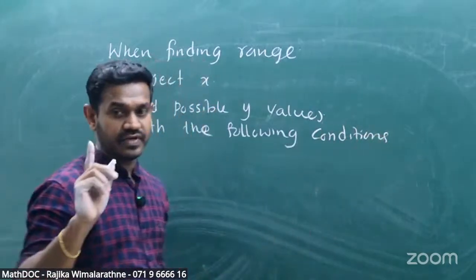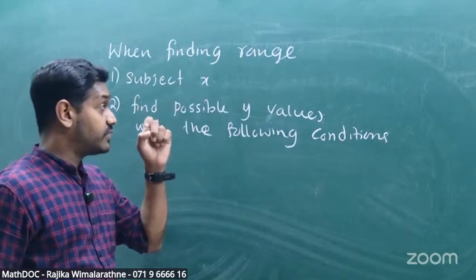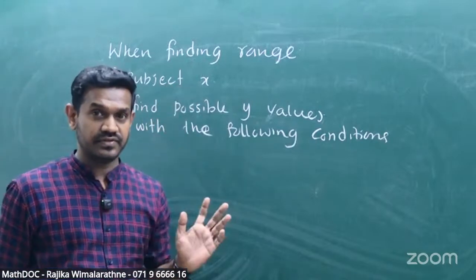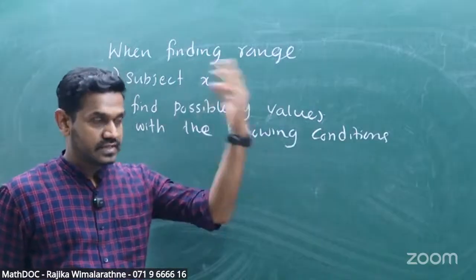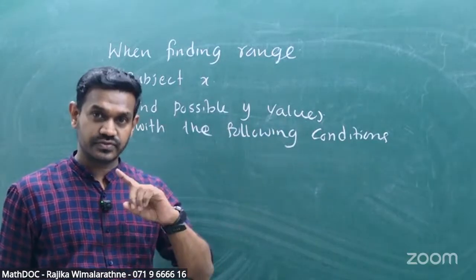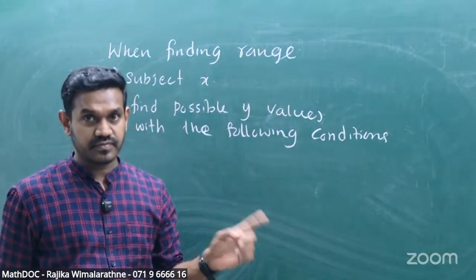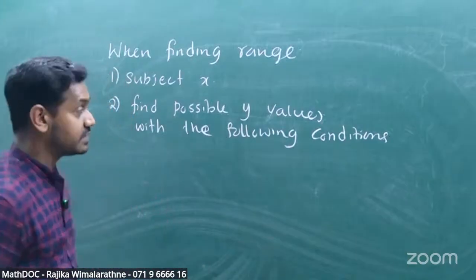First, you make x the subject. Then you consider possible values. We have three conditions, the same conditions we discussed previously: no denominator zeros, no negative values within a square root, and always positive values within logarithms.